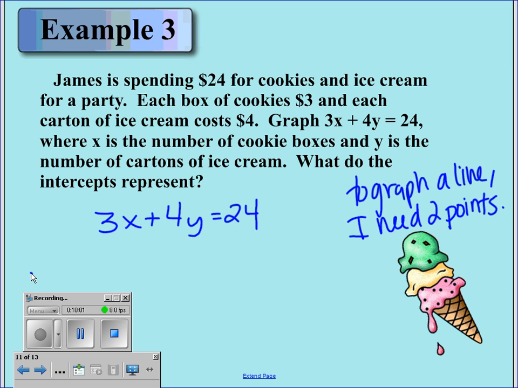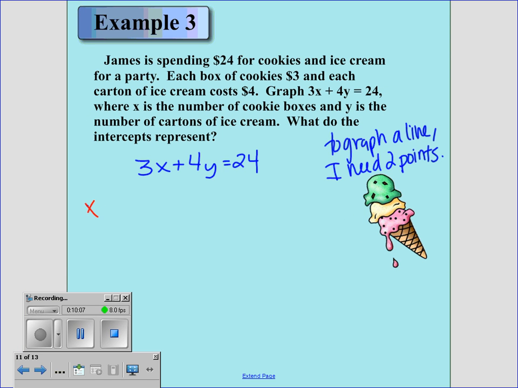Now today we've learned an easy way to find our 2 points. Those 2 points are when x and y equal 0, and they're called the intercepts. So we have an x-intercept and a y-intercept. Our x-intercept is when y equals 0, and our y-intercept is when x equals 0. So we're going to take our equation and solve for our intercepts.